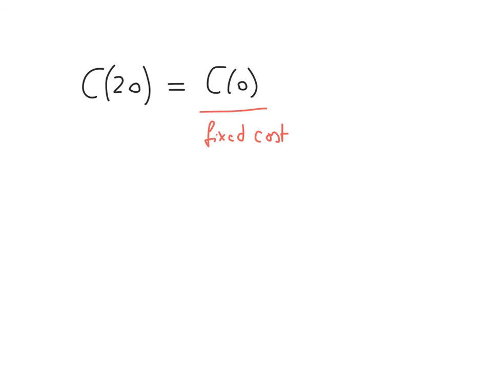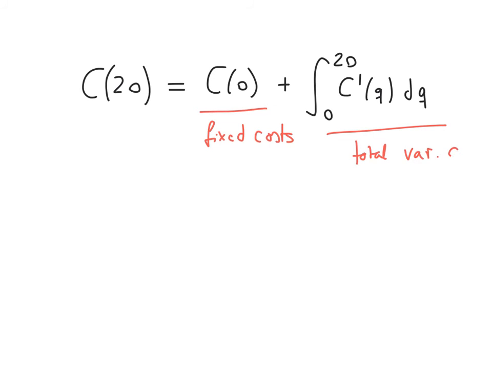So now we have these numbers, right? We can put everything together. So the total cost for producing 20 units was C of 0, which is the fixed cost, plus the integral from 0 to 20 of C prime of q dq, which we just computed. So those were the total variable costs, right?